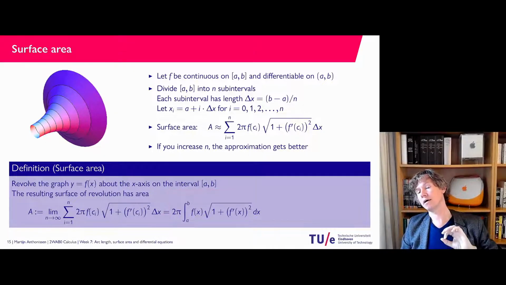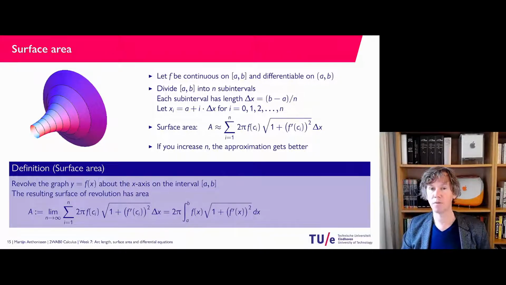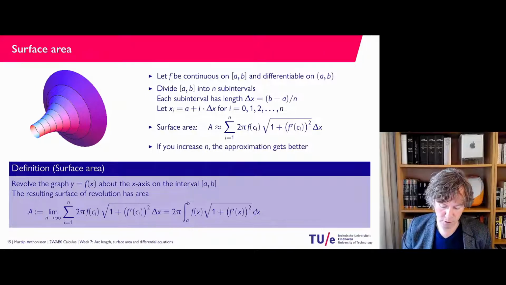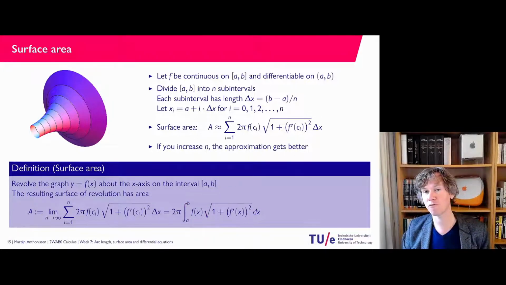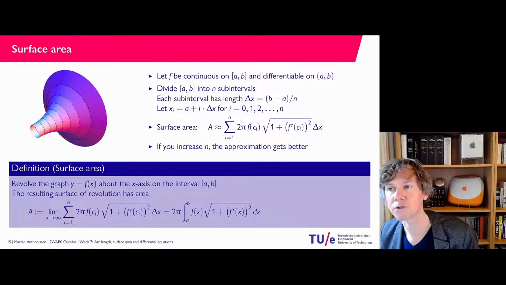So if the integrand for the arc length was already complicated, you see that this is basically what we had for arc length, and now there is even an additional f(x) there. So this is often very, very difficult to compute. And only for very special functions f, you can actually compute the surface area. So I will present you with an example in a second.